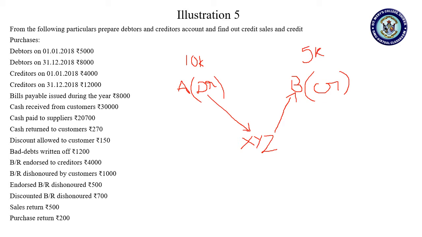A has to pay 10,000 to XYZ, and XYZ has to pay 5,000 to B. Now you are issuing the bills receivable to the debtor.